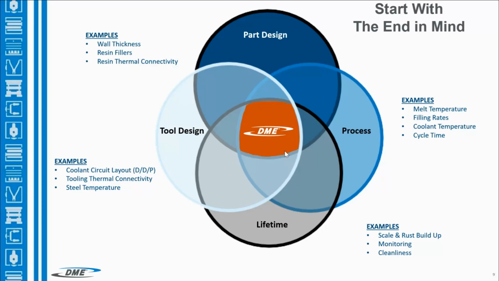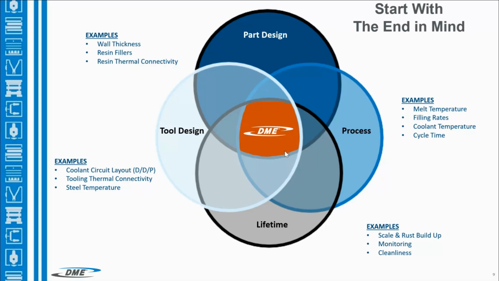It makes it very difficult to make good parts if we don't have robust designs. And the same thing goes for molders. Not knowing your actual melt temperatures, not controlling your filling rates, your coolant temperatures, your cycle times, having consistency. It's hard to make good parts when you have good designs and good tooling. So all these go hand in hand and they have to work together.